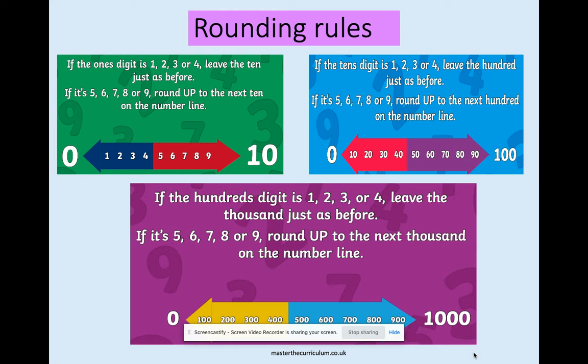If my number is 299 and I have to round to the nearest 1,000, is my number closer to 1,000 or closer to 0? Well done, it is closer to 0, so therefore I will round down to 0. Now you can always come back to this slide if you are stuck with your work today. I will also put this on J2 Launch for you so that you can refresh your memory.